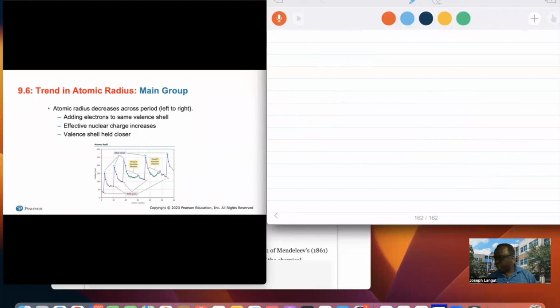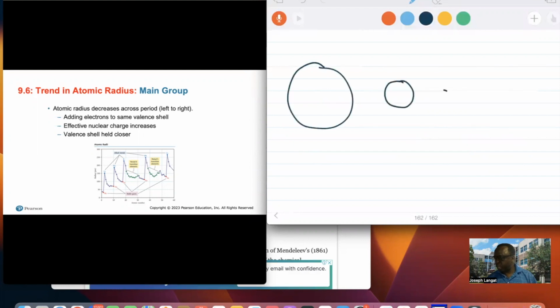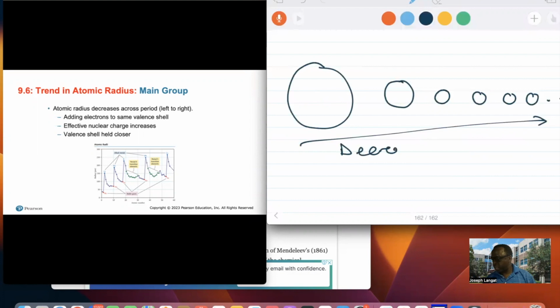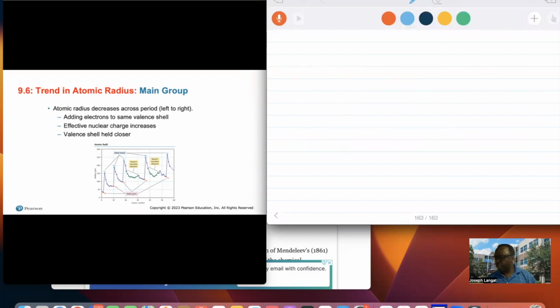So if I go across, as we add to the same shell, the radius keeps decreasing because the nuclear charge keeps increasing. It is decreasing across because we are adding to the same shell. The effective nuclear charge, which pulls the electrons towards the nucleus, increases and holds the valence shell together more tightly. This explains the trend going across.